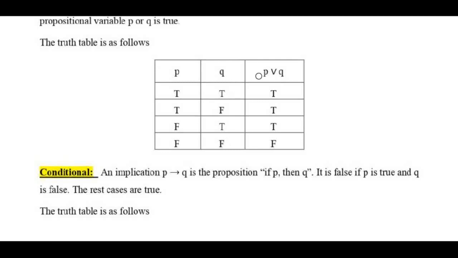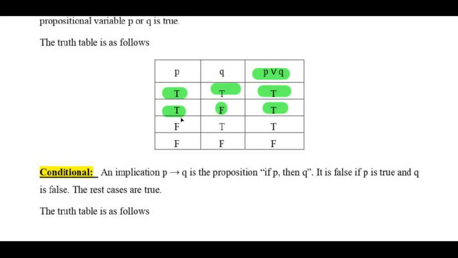Now I am going to find P or Q. What is the P or Q connective? If at least one statement is true, then P or Q is true. Here you see the first statement true, second statement true, you get true. The first statement true, second one false, you get true. Why did we write true here?